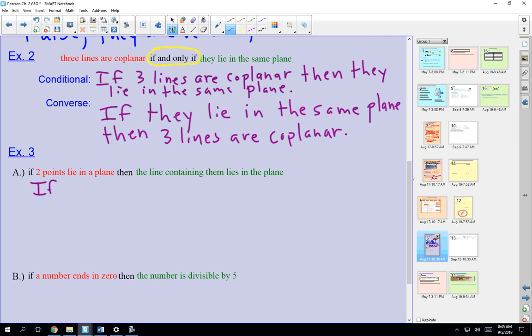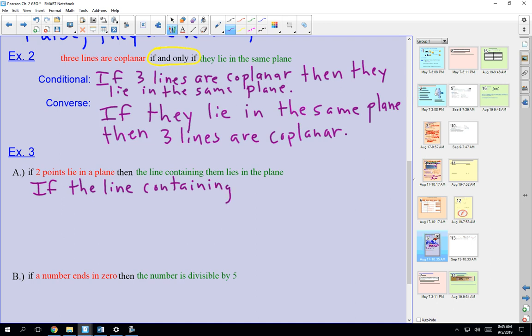So if the line containing 2 points lies in a plane, figure out what the then is.